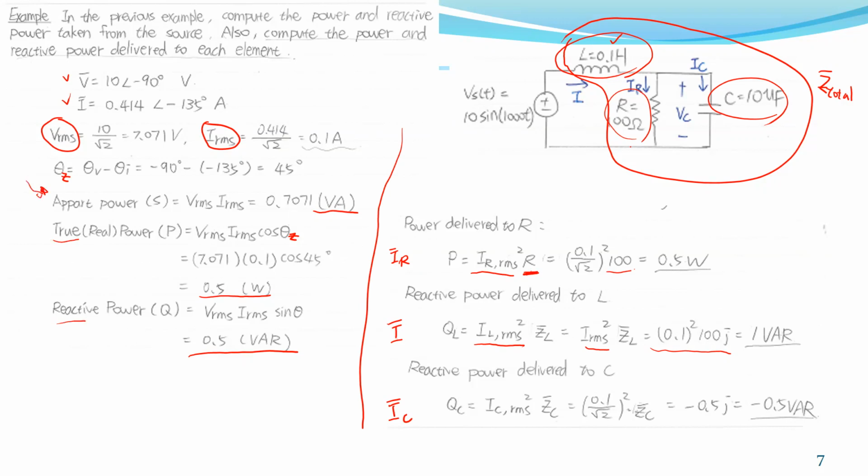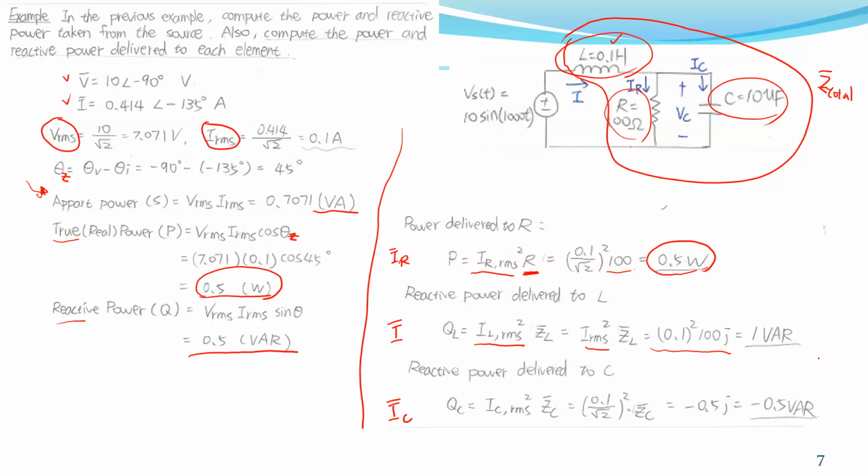On the right side, we calculate the true power consumed by the resistor, which is 0.5 watt, and the reactive power given and received by the reactive elements.